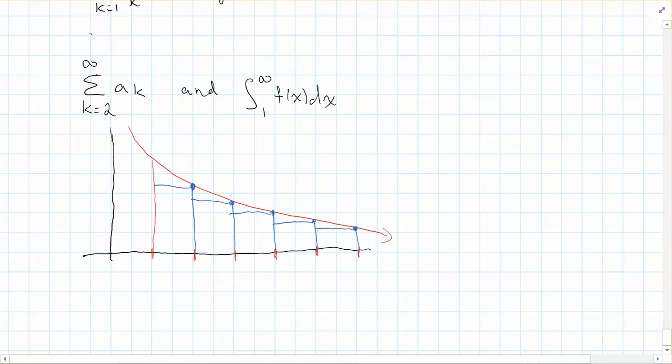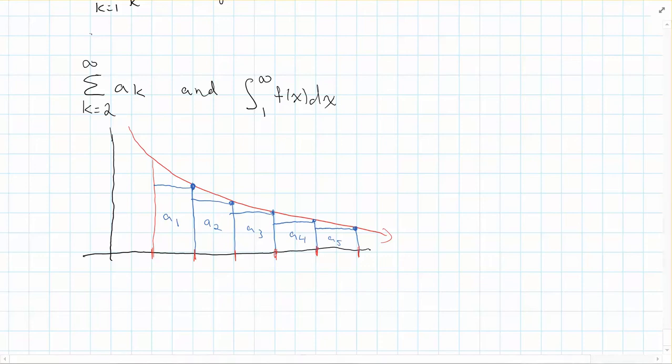If I look at these rectangles, the area of this would be A1, the area of this would be A2, A3, A4, and A5.